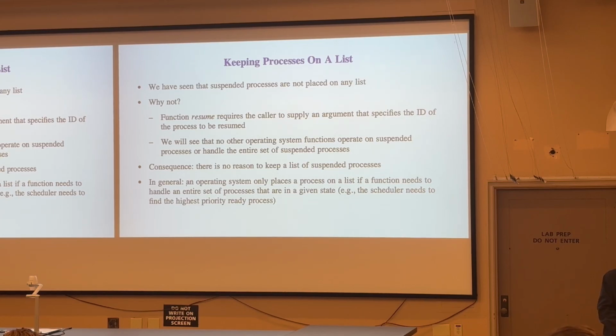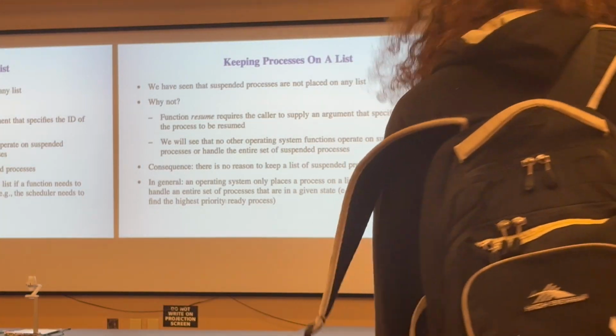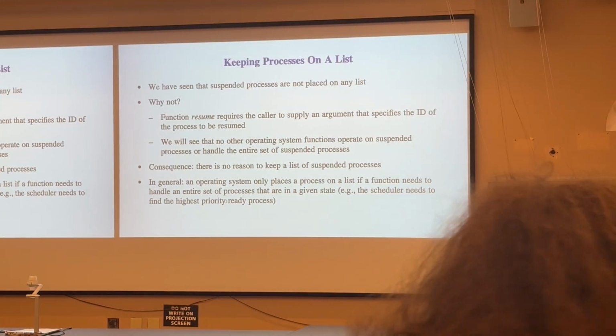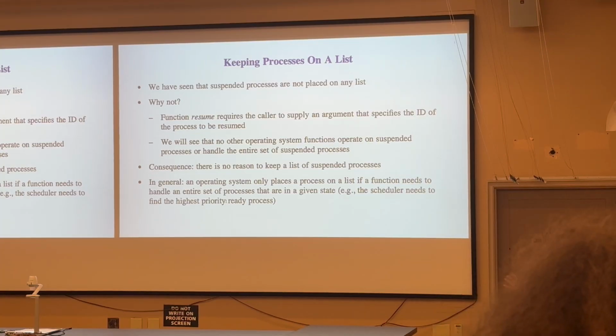In general, an OS only places a process on a list if a function needs to handle an entire set of processes that are in a given state. For example, the scheduler needs to find the highest priority ready process to do a context switch. That's why the ready processes are put in a list. But among the suspended processes, there's nothing that you do for the entire set.